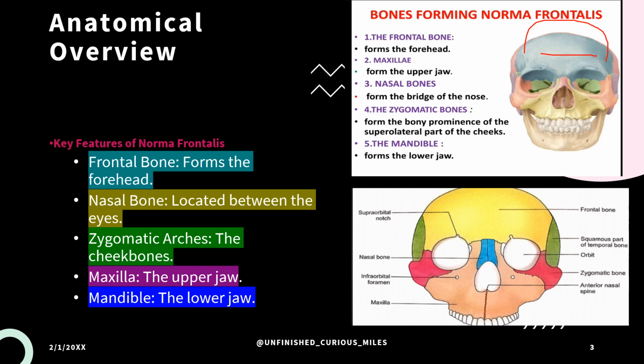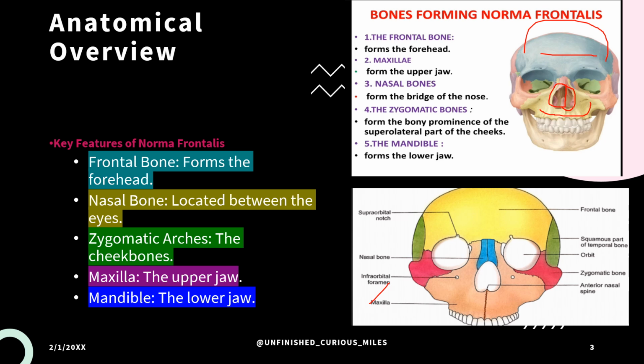Maxilla, which is the upper jaw. This portion is known as maxilla. Then nasal bone. If you visualize this as a nose, then this hollow area is the nasal cavity, and the little area above it is known as the nasal bones.